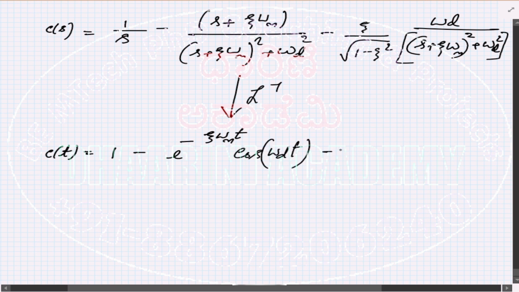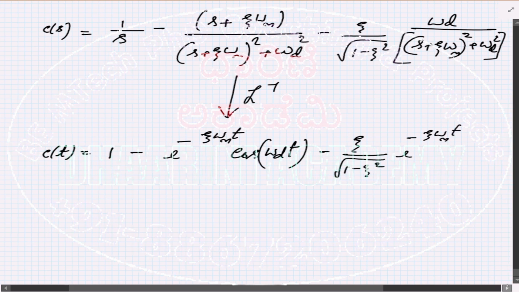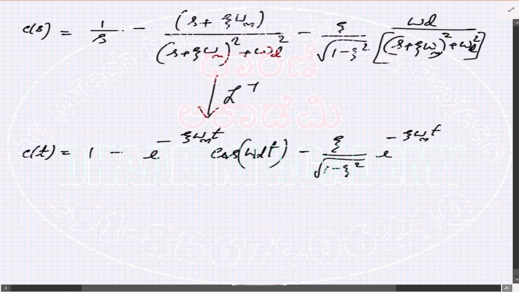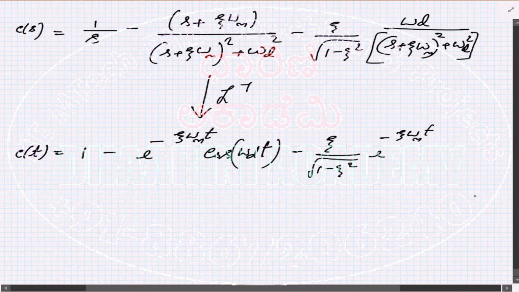All right, minus zeta divided by root of 1 minus zeta squared into e to the power minus zeta omega n t into, this is b divided by ((s plus a) whole square plus b square), which should be sine of omega d t.